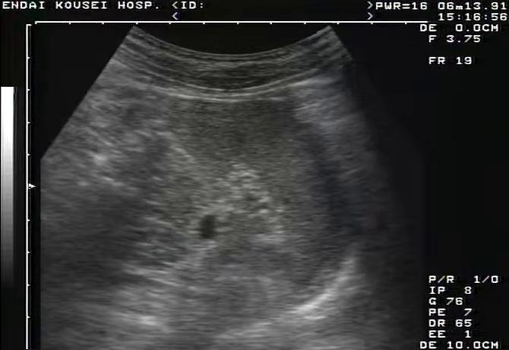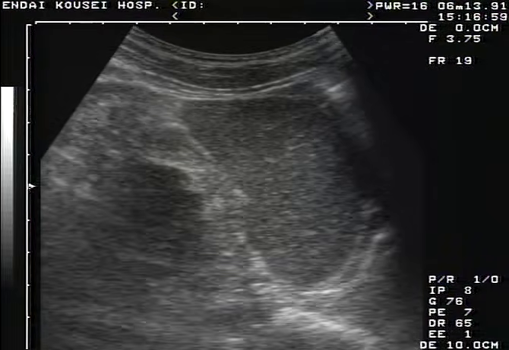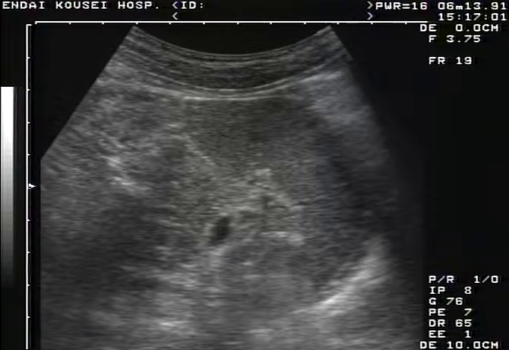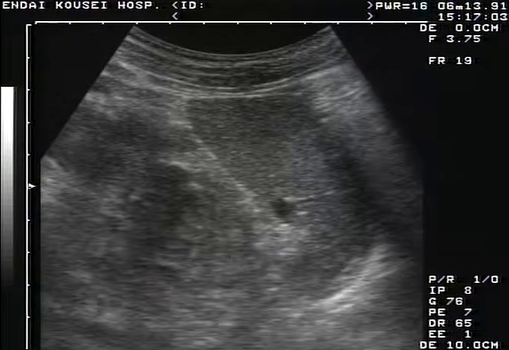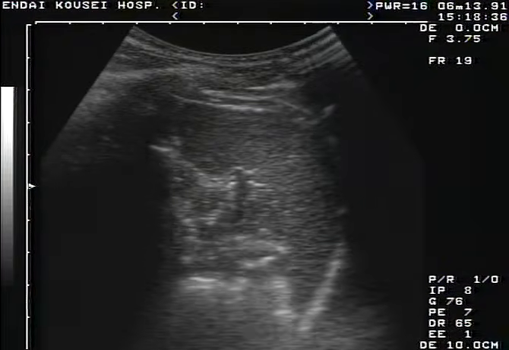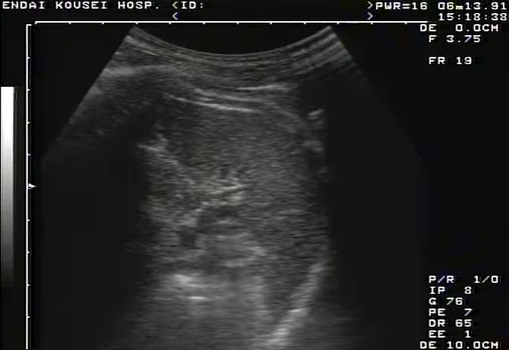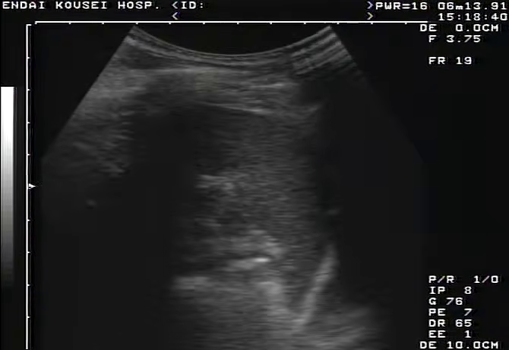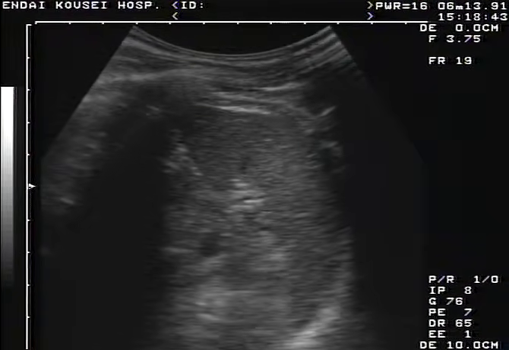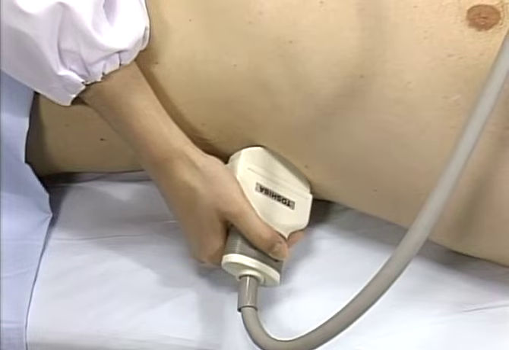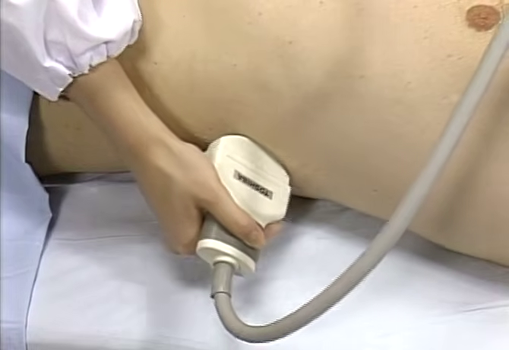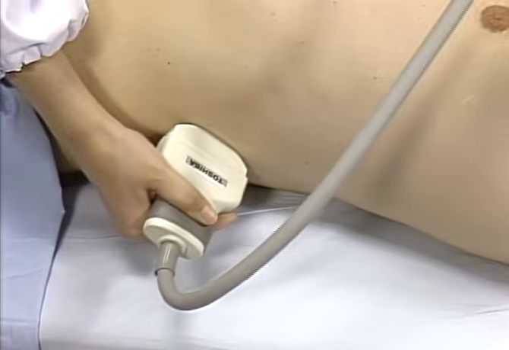A splenic abnormality suggests hepatic disease. This finding is helpful in evaluating the liver later. At times, a swollen lymph node can be detected in the periphery of the hilum of the spleen. As you see, the spleen looks the largest in this plane.